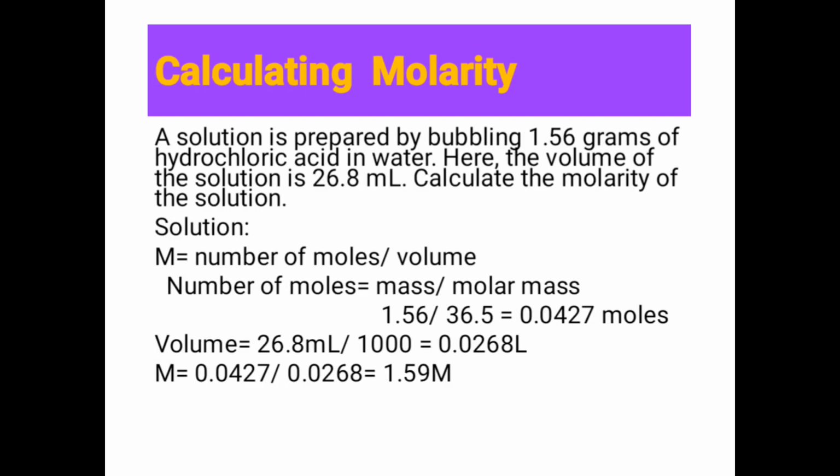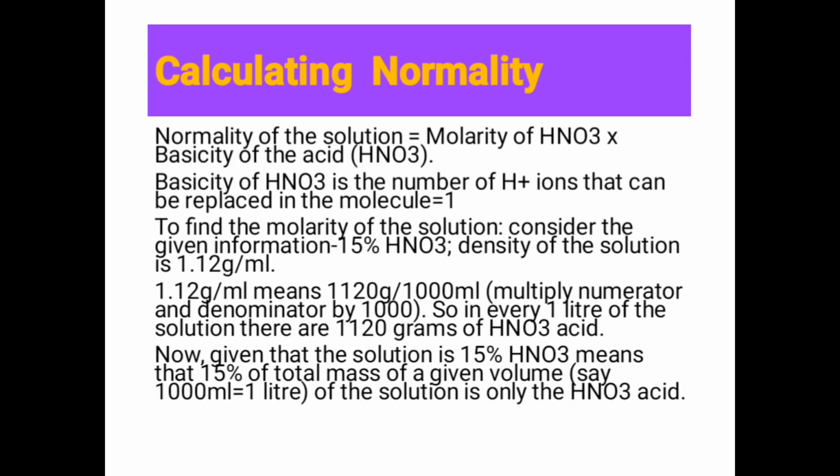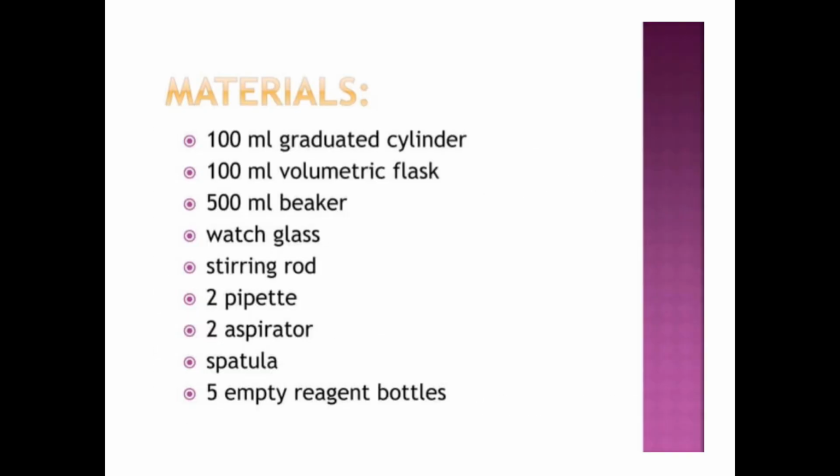We have looked at normality and molarity, and how to calculate normality and molarity. In this video, we are going to look at how to prepare standard solutions of acids like H2SO4, HNO3, H3PO4, and base like sodium hydroxide.